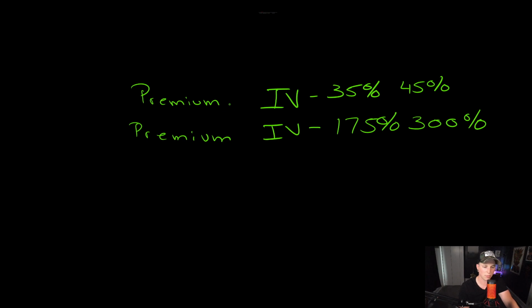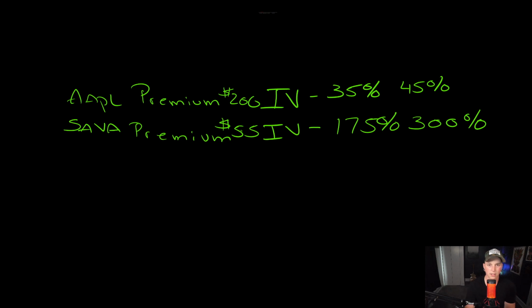So let's say a premium right now is on Apple. Say a premium is $2, which would be $200 after multiplying by 100. So if we look at Cassava here, let's say a premium for this is like 55 cents, and like I said, this would be 55 cents times 100.